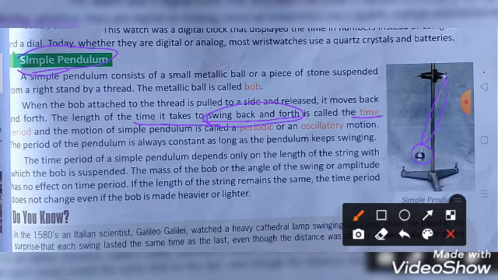The motion of this pendulum is called periodic or oscillatory motion, because this metallic ball swings back and forth at the same timing. That is why it is called periodic or oscillatory motion. So this simple pendulum can also be used to measure time.